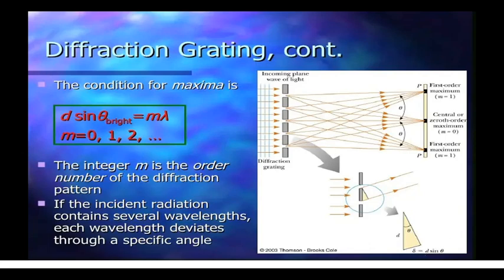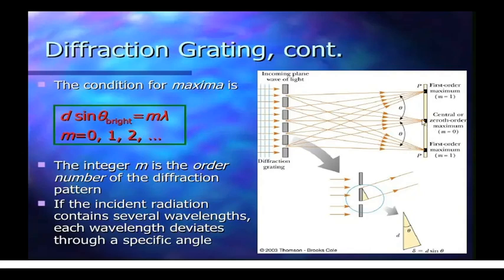In the last class we had already studied constructive interference and destructive interference. Now what is the condition to get constructive interference, that is, maximum intensity at the screen? That is given by d sine theta equals m lambda, where lambda is the wavelength of the light used and m is any integer that gives the order of the diffraction pattern.